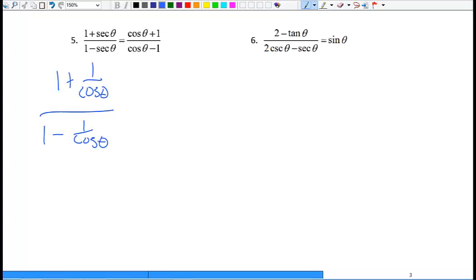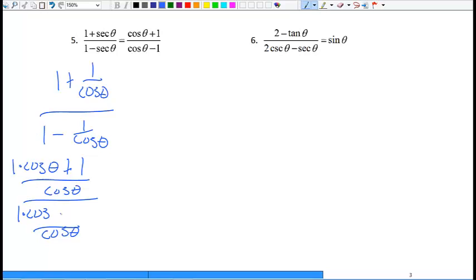Okay, and then I'm going to make a common denominator. Okay, the numerator's got a denominator of cosine, and this 1 here was missing the common, so 1 times cosine theta plus the initial 1 that was there, and the denominator is going to have the same concern. So cosine theta over, and that 1 was also missing cosine, so 1 times cosine theta minus 1.